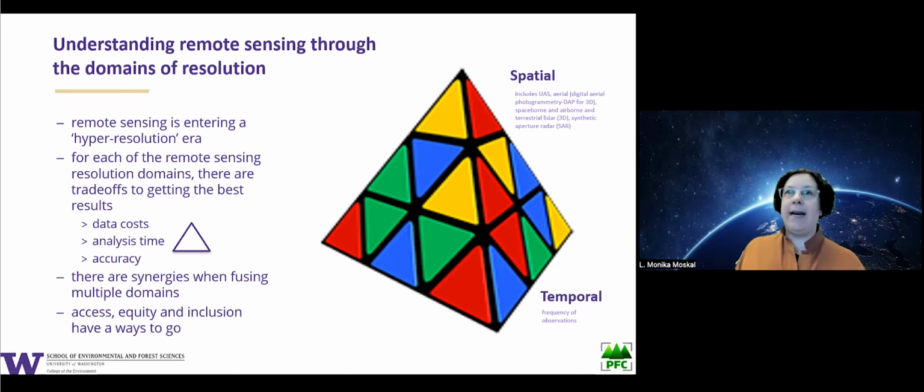For example, some data sets, you can fly a drone every hour if you want to look at observations and changes on the landscape, or you can look at webcams and see how the landscape or a particular location is changing at a very frequent minute by minute, second by second resolution.